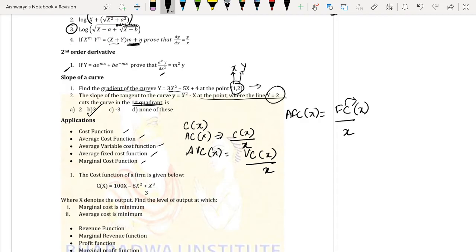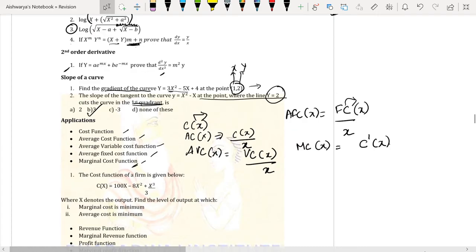It's a whole number, so it will not be in terms of x. Units is not important. Marginal cost function, MC of x. Marginal cost is nothing but C dash of x. C dash of x means when I find the first order derivative of the cost function, what I get is the marginal cost function.